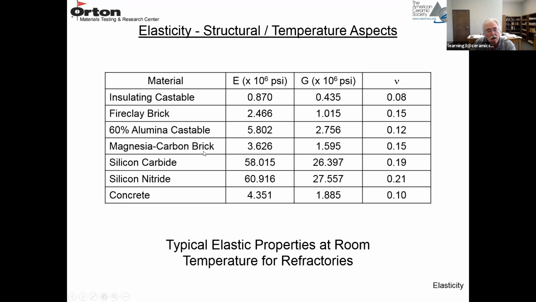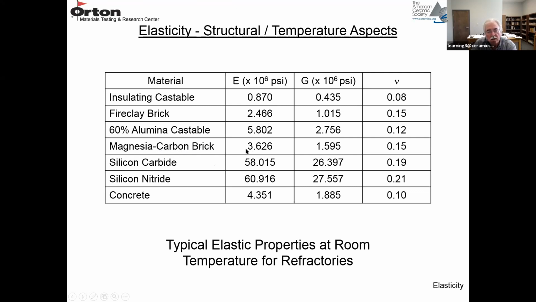The magnesium carbon brick is a resin bonded material with usually graphite and MgO, about 30%, usually carbon or graphite and the resin. It's cured at room temperature, so it's not a fired brick at this point.